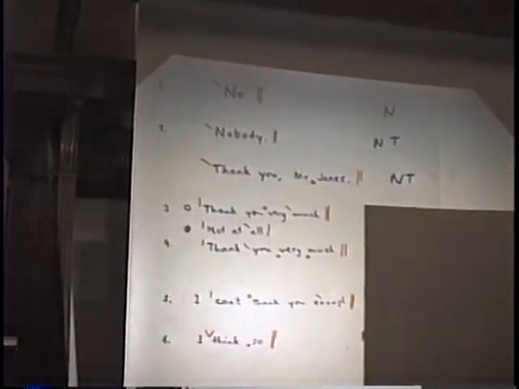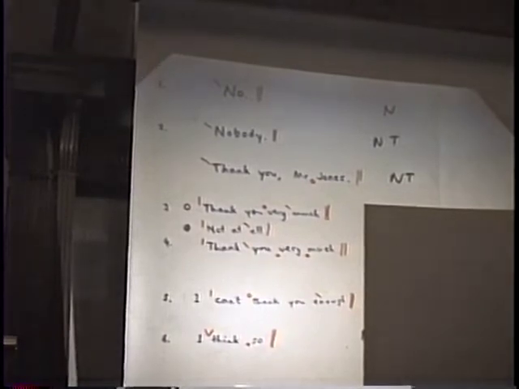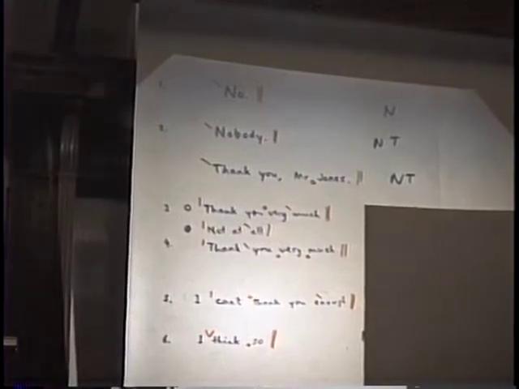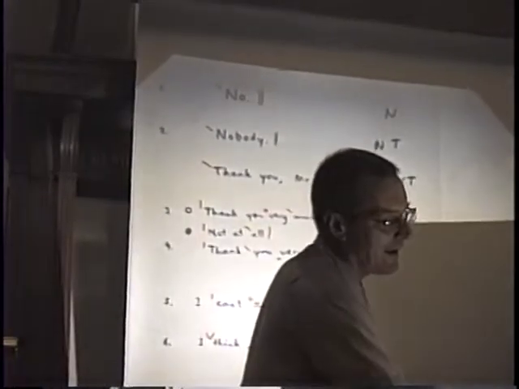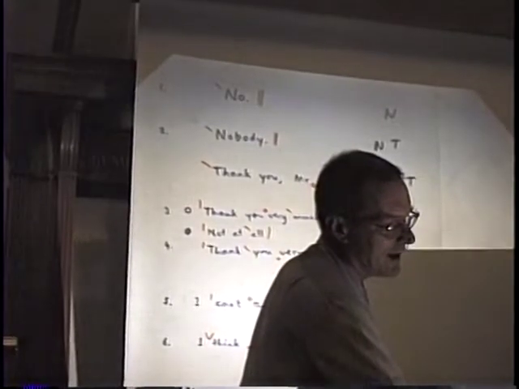Here's a little exchange. First person says, thank you very much. Answer, not at all. You try it. Thank you very much. Not at all. So in each case here we've got the same sort of pattern. We've got a head and a nucleus, each time.